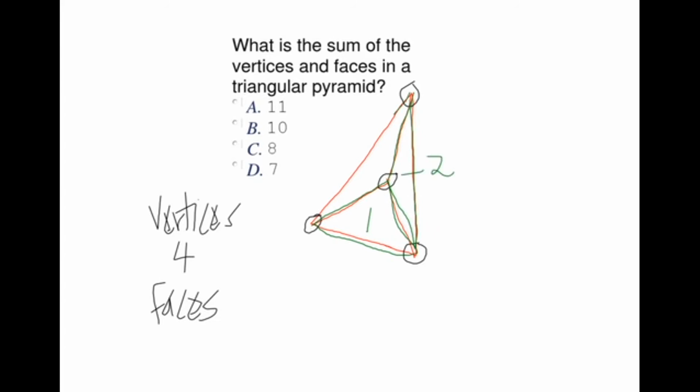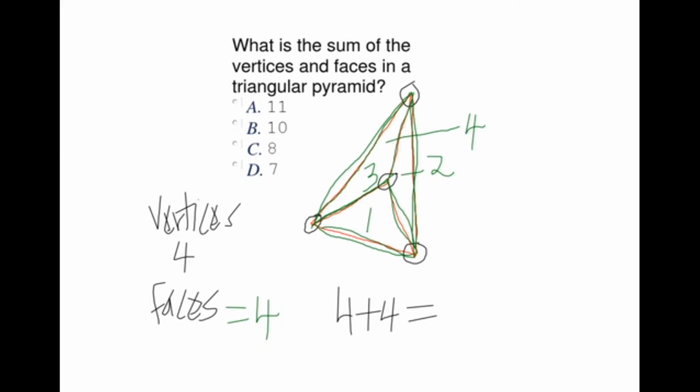We have this side, that is 3. And then we have the bigger one, that is this. This is the 4th. So faces we have 4, vertices we have 4. So the sum will be 4 plus 4, which gives us 8.